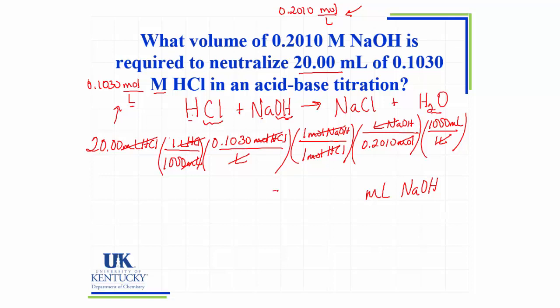After I do the calculation, I end up with 10.25 milliliters of NaOH. So I know that if I have 0.201 molar NaOH, it's going to take 10.25 milliliters to completely consume all of the 0.103 molar HCl that I have in my 20 milliliter sample.